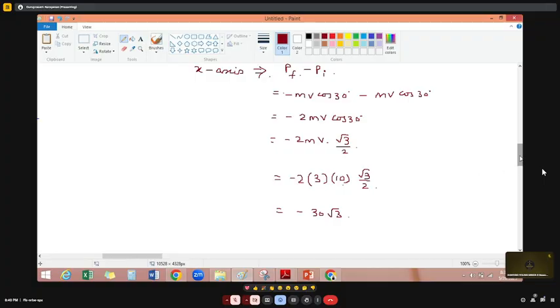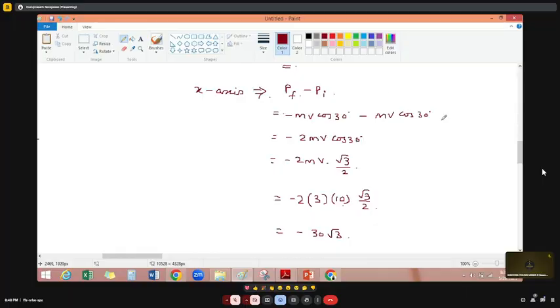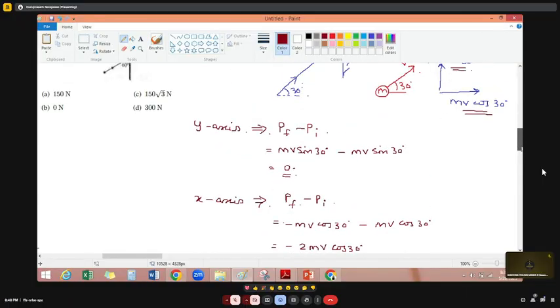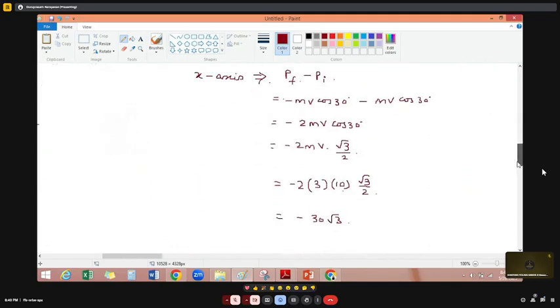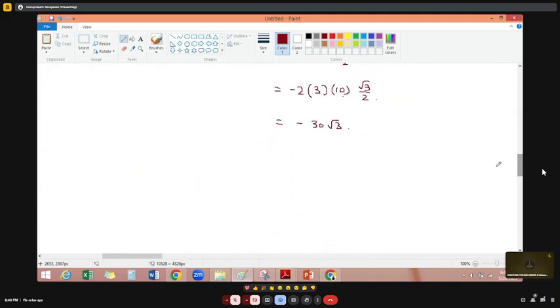But then carefully listen, what we have calculated is the change in momentum. They are asking you to find the average force exerted on the ball by the wall. So you know that average force F is equal to mv minus mu by time t, which is momentum final minus momentum initial divided by time.